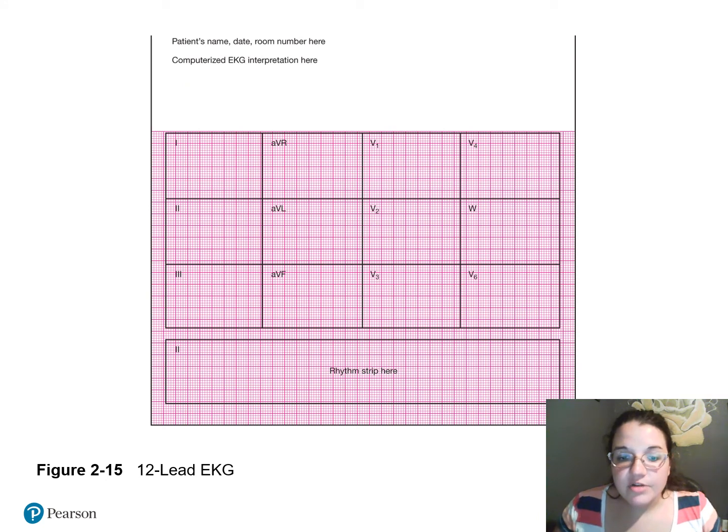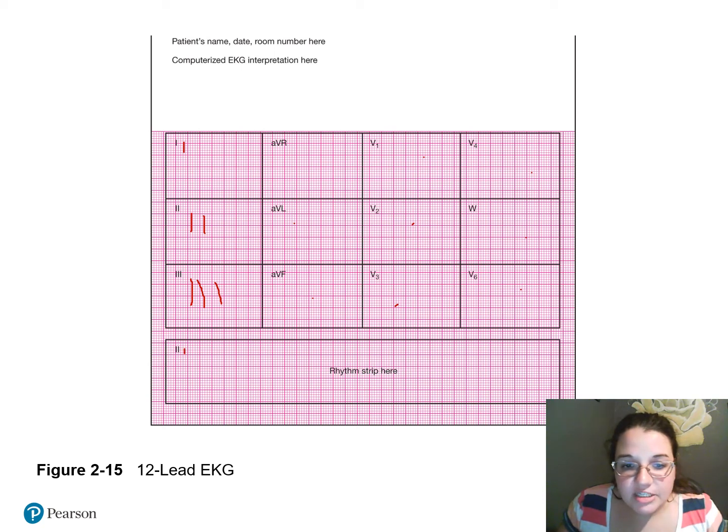So here you'll notice your 12 lead rhythm. Here's lead 1, lead 2, lead 3, and so forth: AVR, AVL, AVF, V1, V2, V3, V4, V5, V6. And then you'll notice that this should be lead 2 at the bottom.